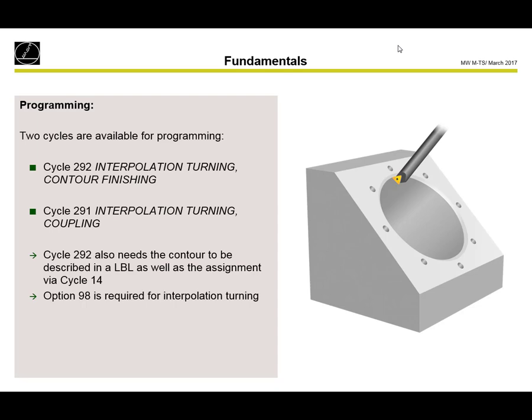The cycle 292 needs the cycle 14. In the cycle 14 we define the label where we have the contour description of my interpolation turning contour. Also we need the option 98 for interpolation turning, otherwise we cannot use the cycles.